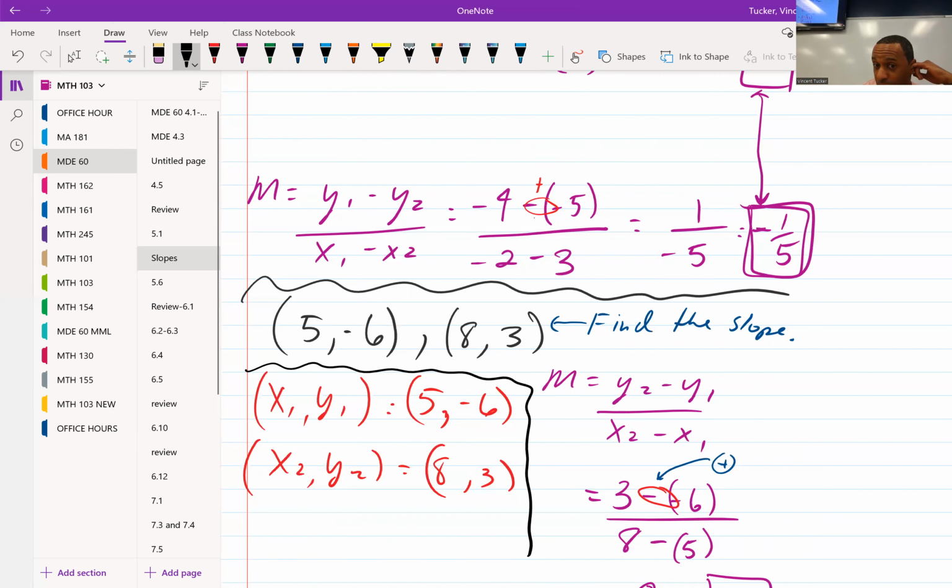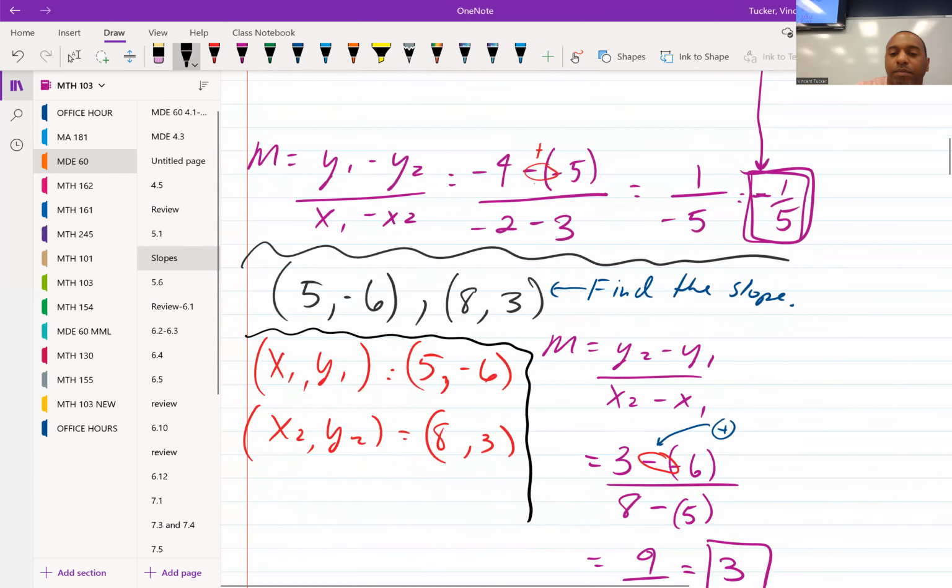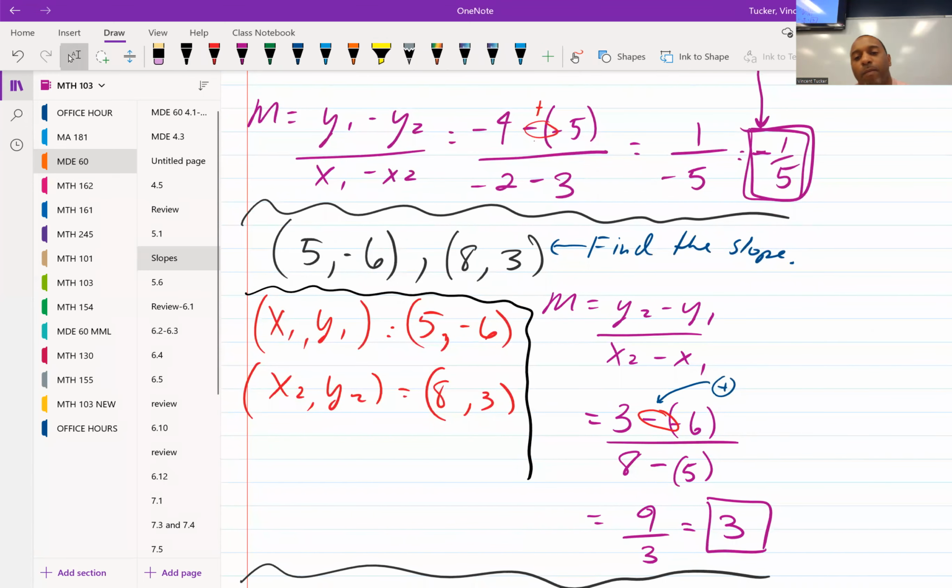So y2 is going to be 3. Y1 is -6. X2 is 8. X1 is 5. So that gives us 9 over 3 as our fraction. And then that reduces down to 3.